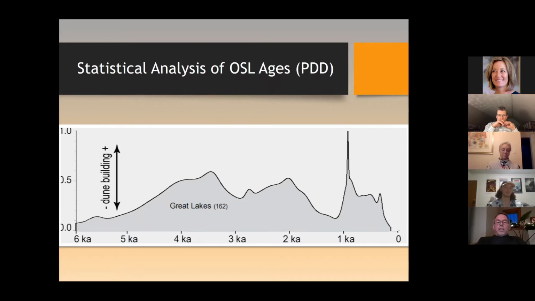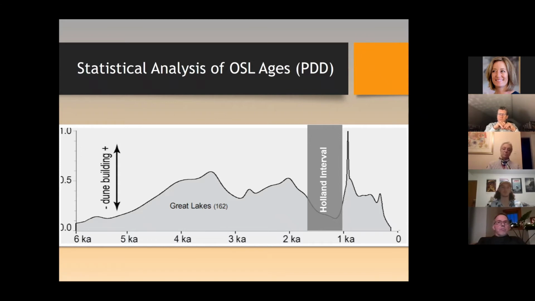One of the things that's really interesting to us is that from about 2,000 years ago to about 1,000 years ago, the dunes were largely stable. And they were probably stable for on the order of 500-600 years. This peak at 1,000 years ago, that's the medieval climate anomaly, or the medieval warm period, if you want to call it that.